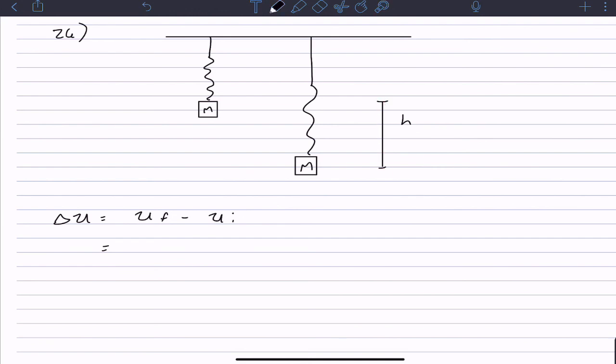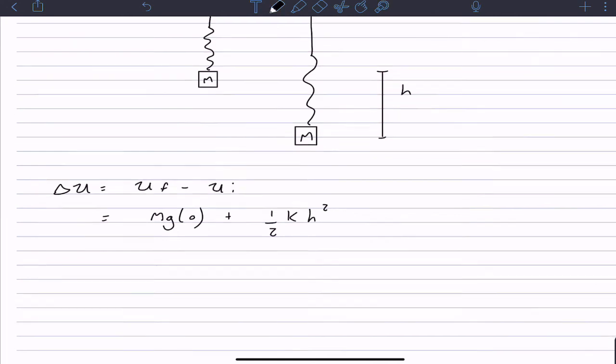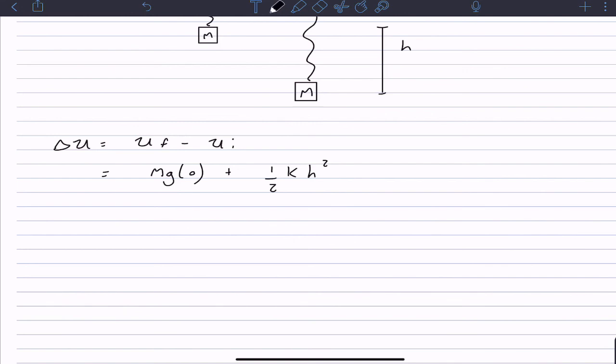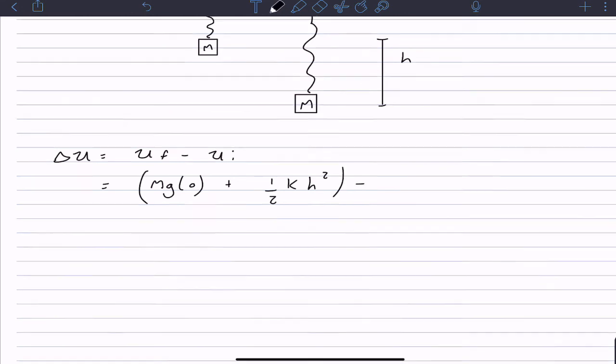So final for the block is mg times 0. And then final for the spring is going to be half k times the displacement, which in this case is from here to here. The total displacement for the spring is h. So this is looking pretty similar to what we did last time. So that's the final energy, right?